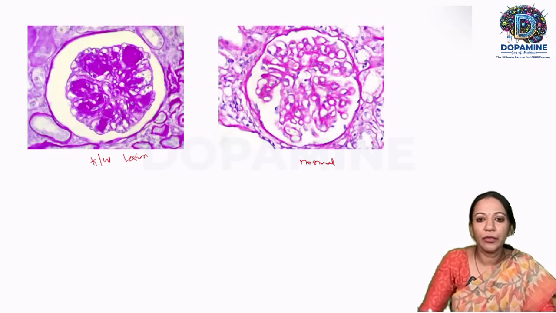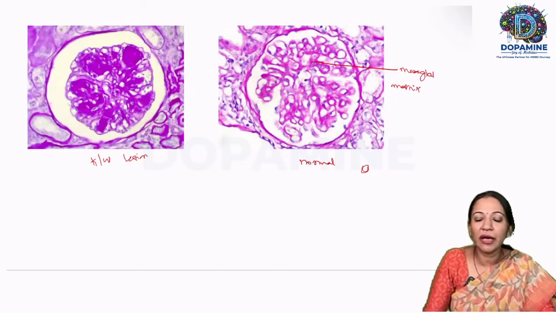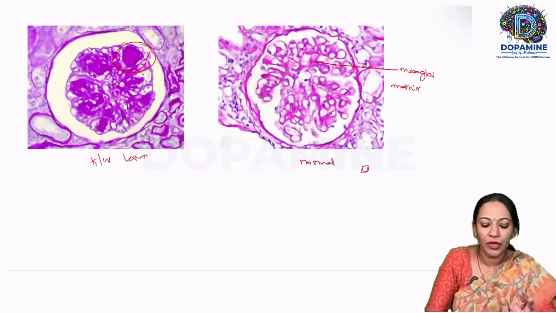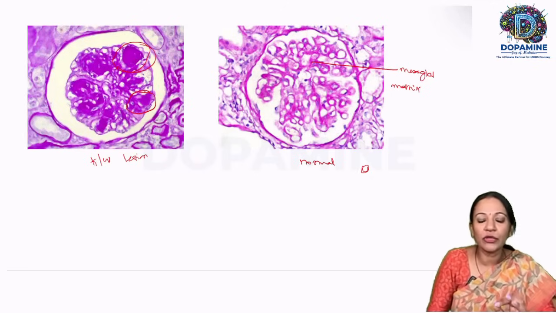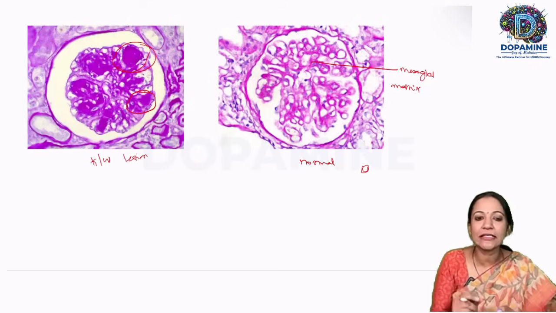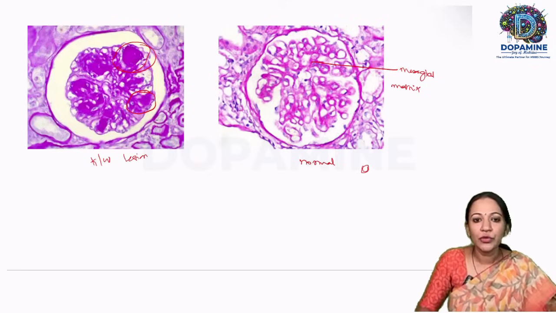See the round structures here, they are all the capillary loops, and in between the capillary loops, as you can see here, this is the mesangial matrix. When you look at the mesangial matrix, there will be increased cellularity with nodules like this. So this nodular glomerulosclerosis is also called Kimmelstiel-Wilson lesion, which is the classic lesion seen only in diabetic nephropathy involving the glomeruli. So we'll go to the next question.